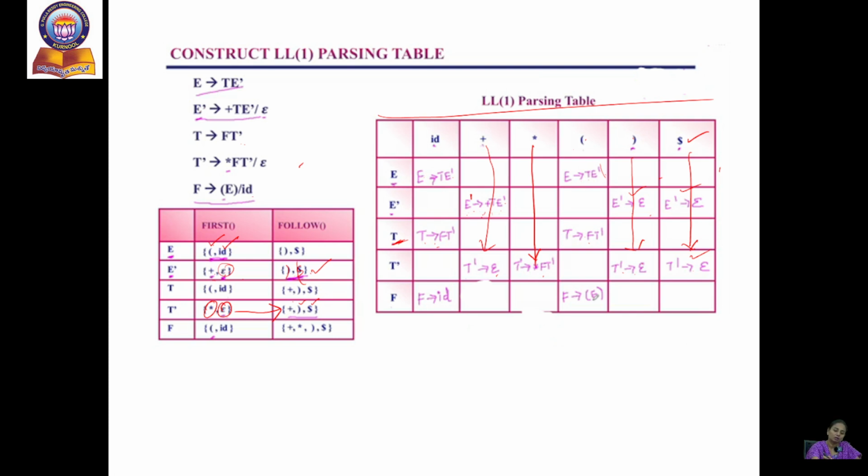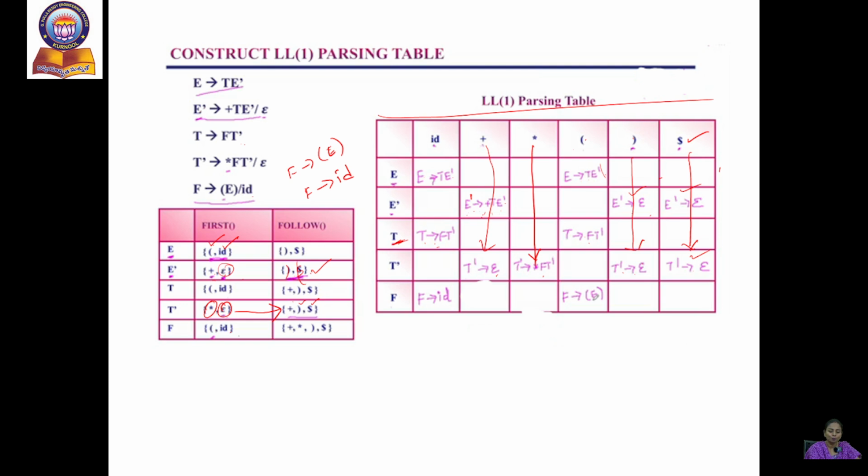And coming to the last one, that is F derives. So here also F is deriving two different productions, that is F derives E within brackets and F derives ID. Coming to the first function, F is deriving open bracket and ID, and no epsilon is there.